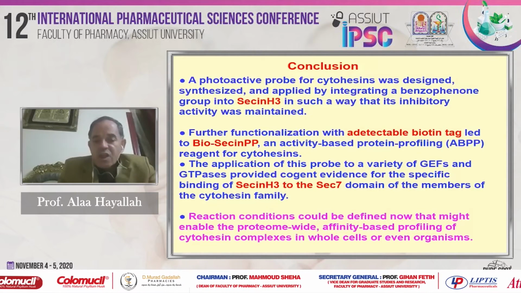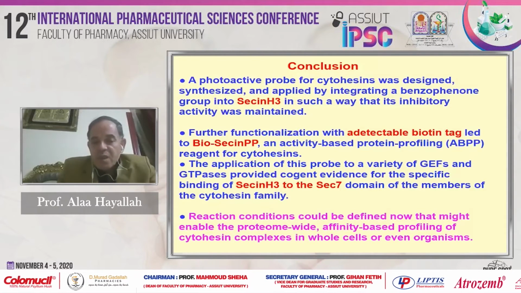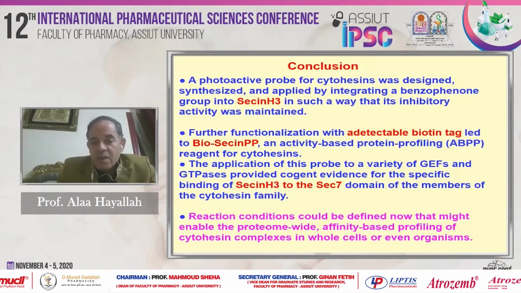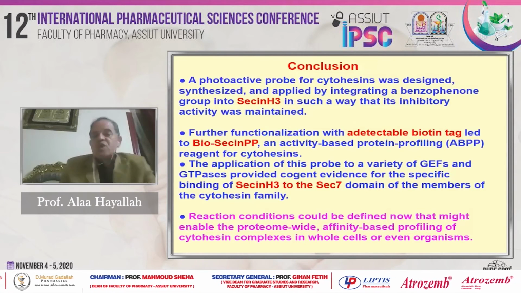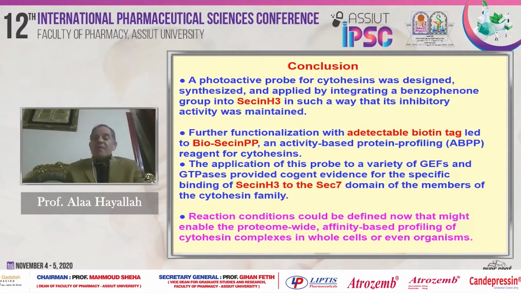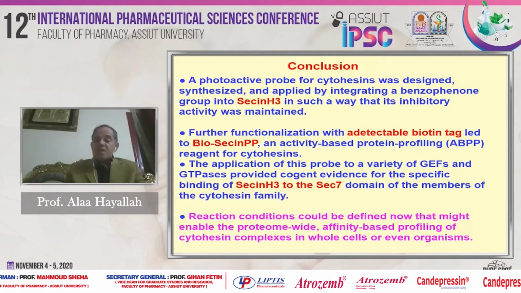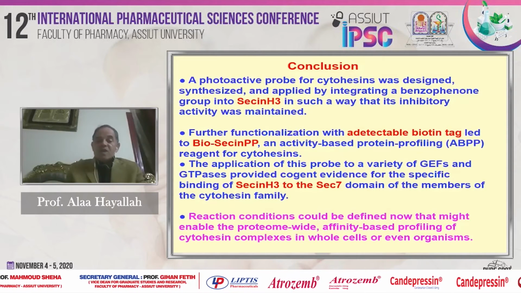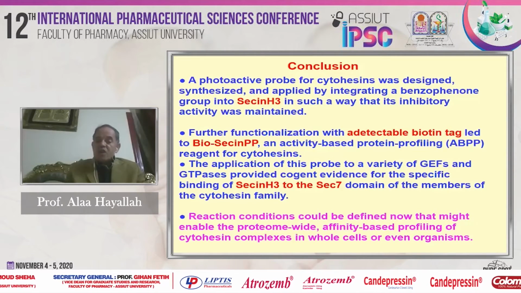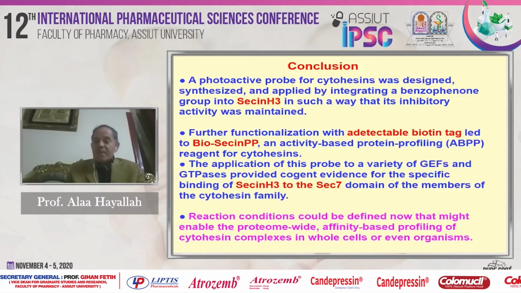Further functionalization with a detectable biotin tag led to biocysteine PP, an activity-based protein profiling, ABPP, reagent for cytohesin. The application of this probe to a variety of GEF proteins and GTPases provided cogent evidence for the specific binding of cysteine H3 to the Sec7 domain of the members of the cytohesin family.